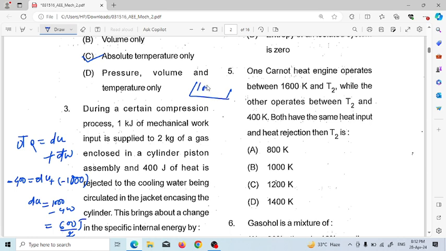This is 1600 Kelvin, and this is one engine which produces work, and this is the intermediate temperature which is T2, and below it is another Carnot heat engine. This produces some work and rejects some heat. It is at 400 Kelvin. We have to find the T2 temperature.